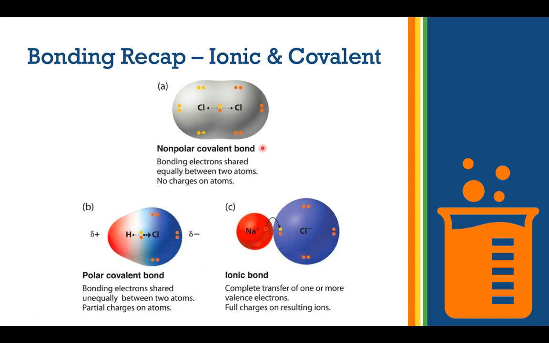Just one last thing. This right here, I want you to notice that around each chlorine atom here, there are 8 electrons, and that's called the octet rule. In the valence shell of atoms, all atoms want to have 8 electrons so that they can be like noble gases. They want to be kings or queens in their own right.